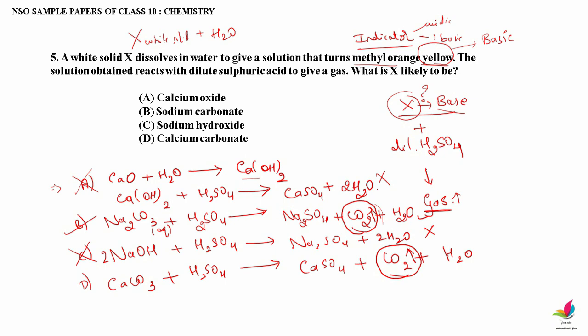Because sodium carbonate reacts with sulfuric acid very easily and the liberation of carbon dioxide is very fast, whereas calcium carbonate reacts slowly with sulfuric acid liberating the carbon dioxide.